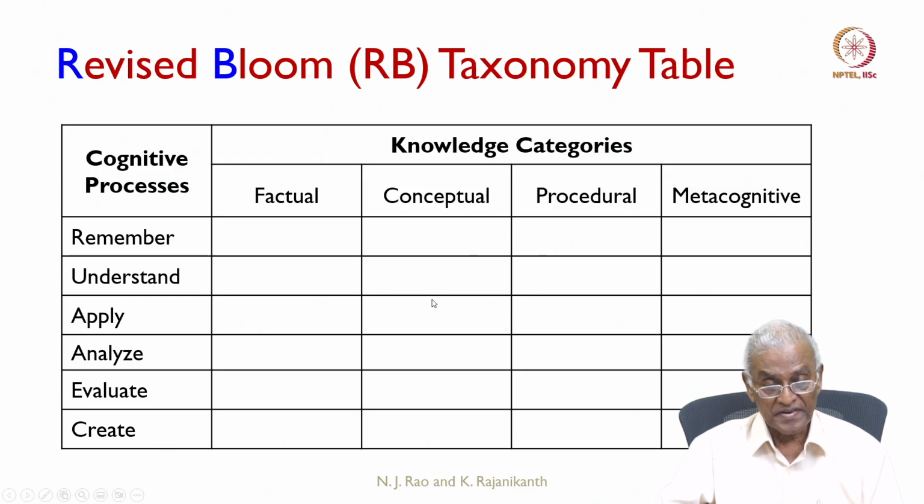It is implied. I don't have to keep repeating that. That means to apply, I need to understand, I need to remember some information. So that is implied. If I am selecting the cell, the activities or the elements of the course related to these two cells are implied.